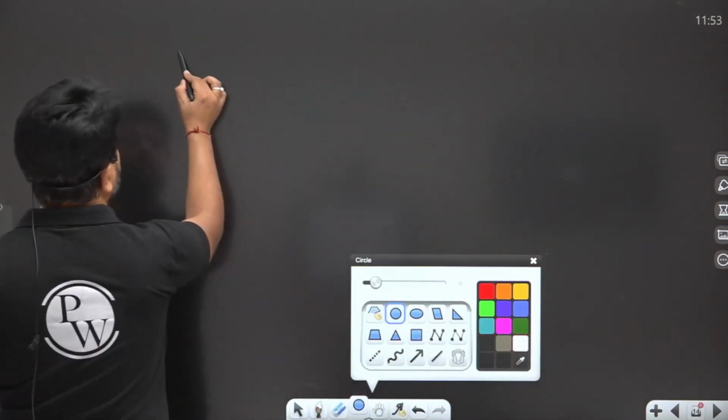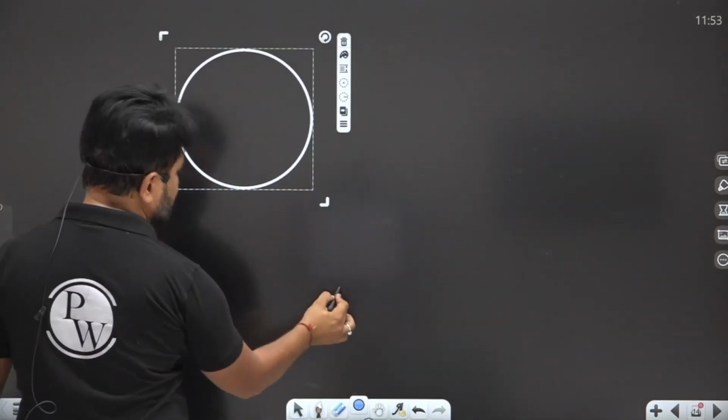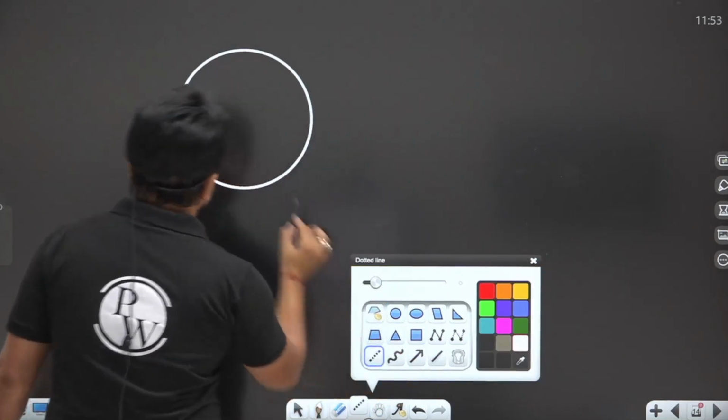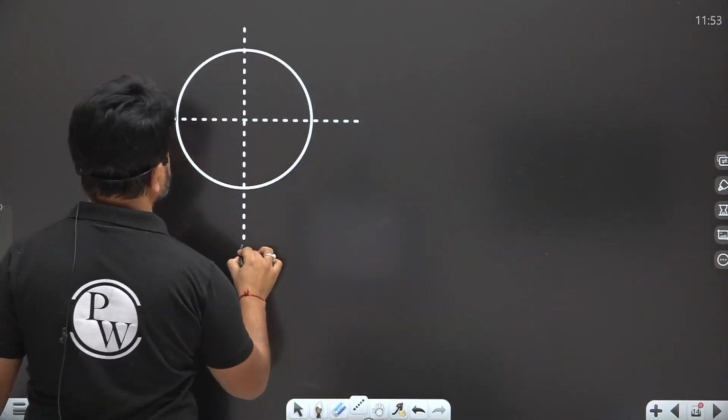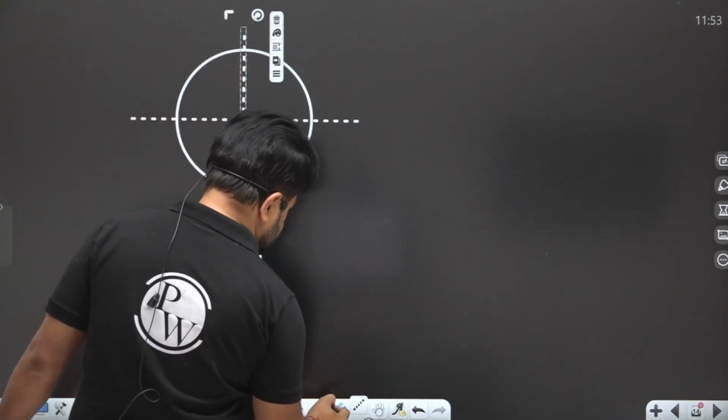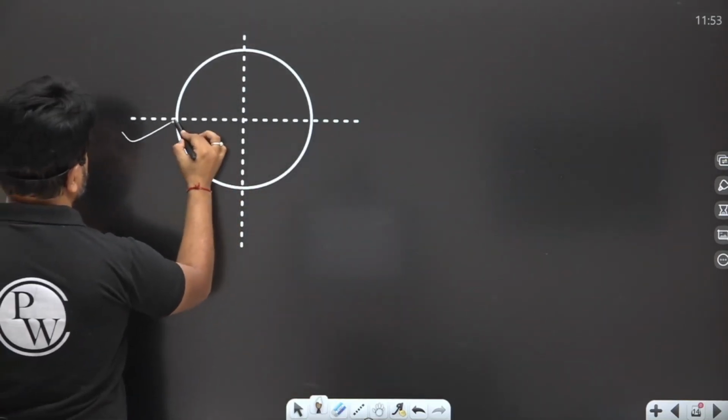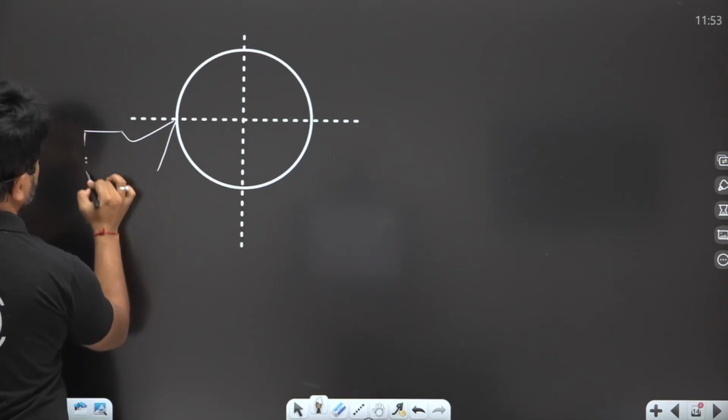So let me draw a figure. Suppose that we are doing a facing operation. This is a cross-sectional area of the workpiece, this is the central line, and this is the tool.